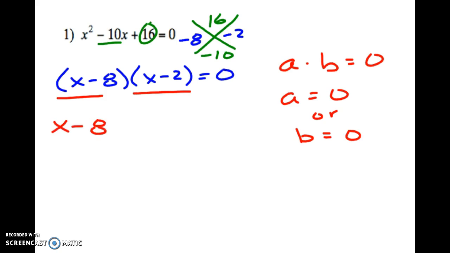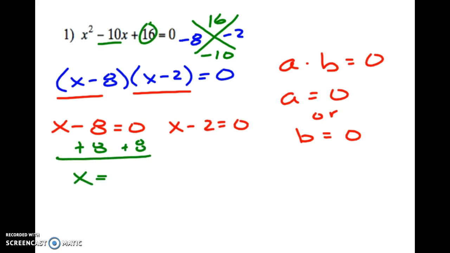So we take the x minus 8 and set that equal to 0. We take the x minus 2 and set that equal to 0. Going through basic solving techniques, we add 8 to both sides for the first equation and get x equals 8. In the second case, we add the 2 to both sides, and we get x equals 2 for the answer.